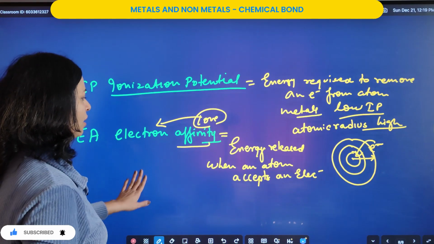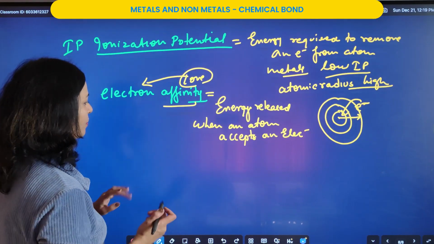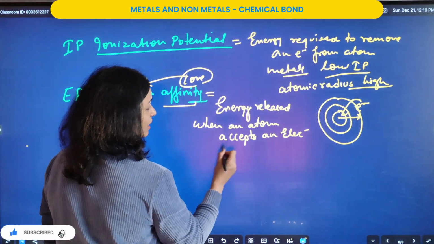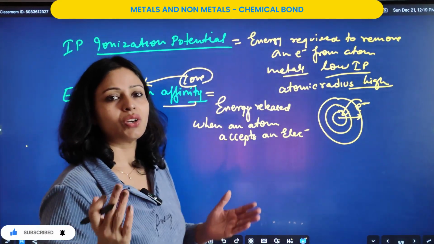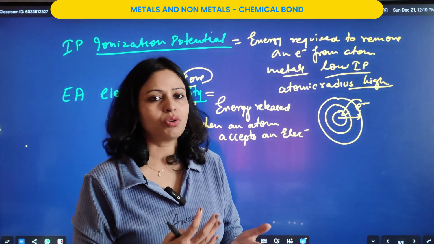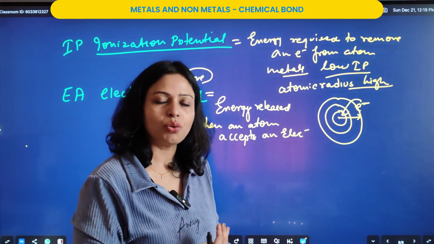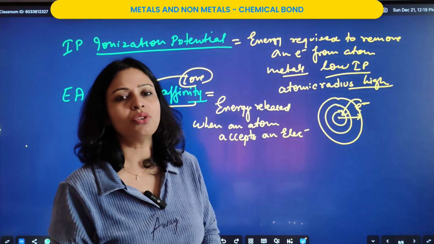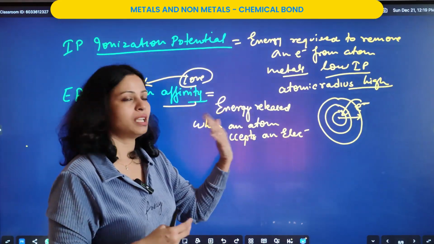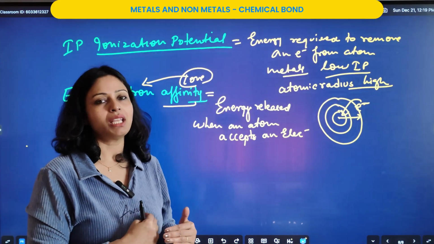Okay, so why does energy have to be released when an atom accepts an electron? Because when the atom accepts an electron, the electron is coming to a lower energy state, and a lower energy state is a more stable state. I told you, when it comes to the lower energy state, the extra energy gets released from the atom. That's why energy is released when an atom accepts an electron.